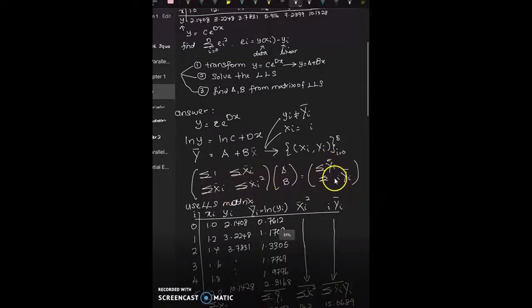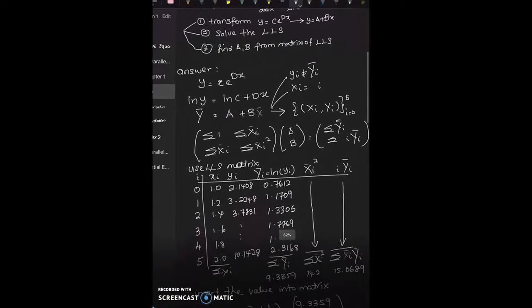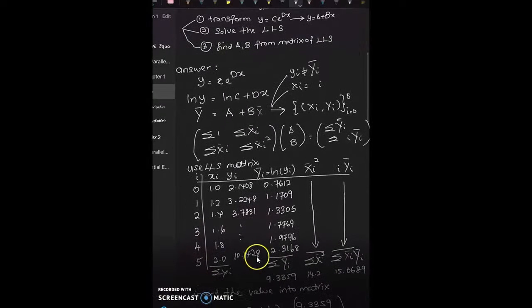Be careful, what is xi, yi? I told you, you need to press mode 4 and then press the same thing that you learned before. Find the linear, and then insert xi, yi, and then press variant to get the summation xi, summation yi, summation xi squared, summation xiyi, and then press reg to find the values a and b.